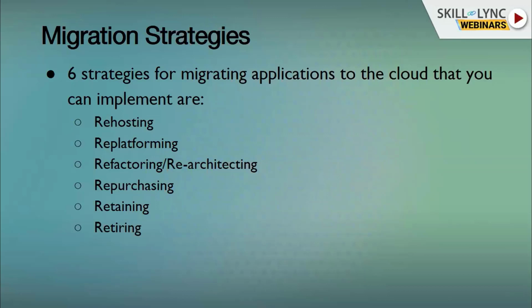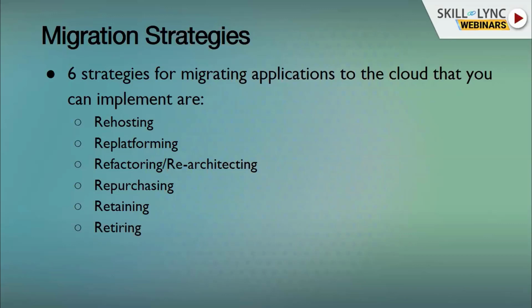Replatforming means your application is running on 2019 on-premises, but the cloud has some constraints, so some packages will not be able to install in the cloud. Then we have to restructure or re-platform it.